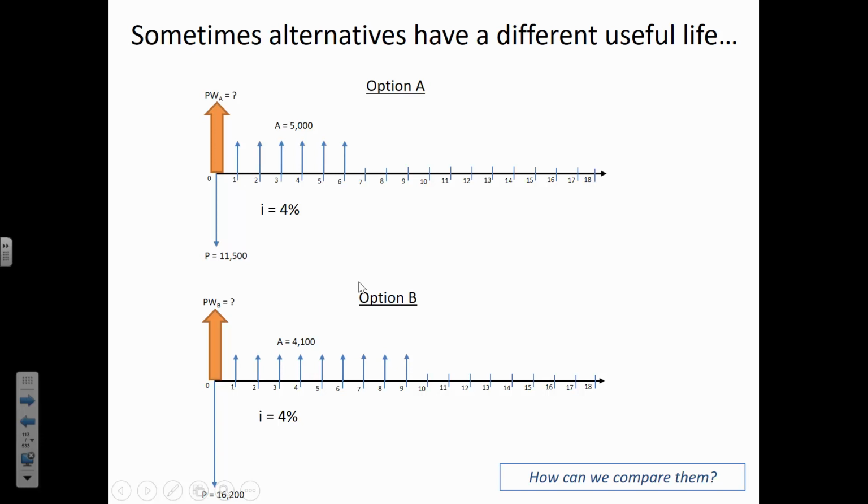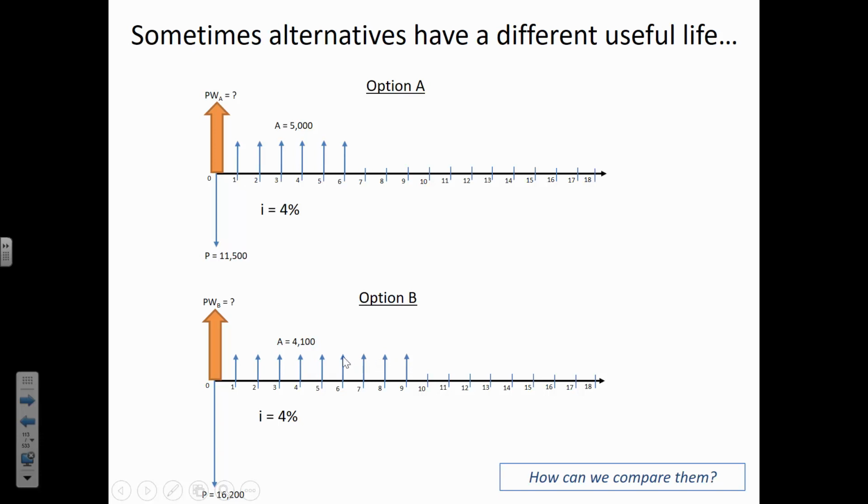Now, in the economics and the time value of money, we can't compare these two options because they occur over a different time horizon. As you can see, option A is some investment that yields a return over 6 years, whereas option B is some investment that yields a return over 9 years.